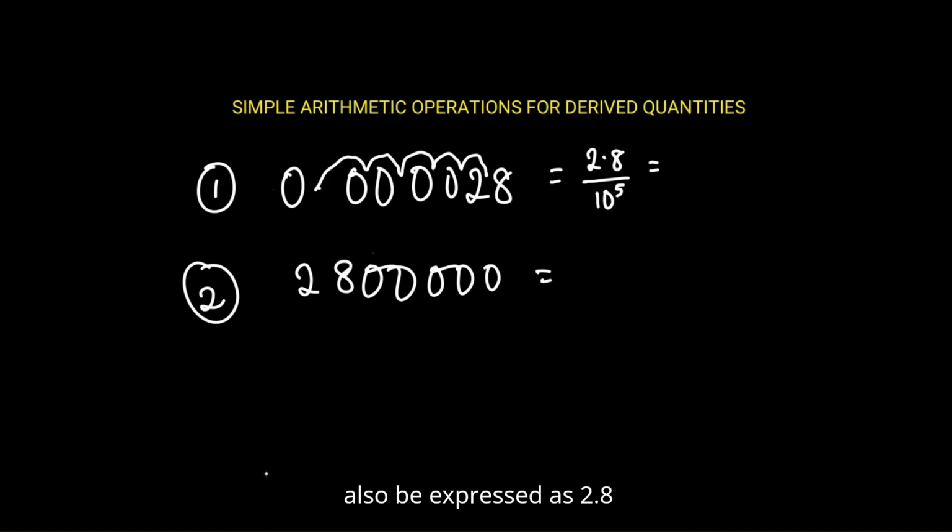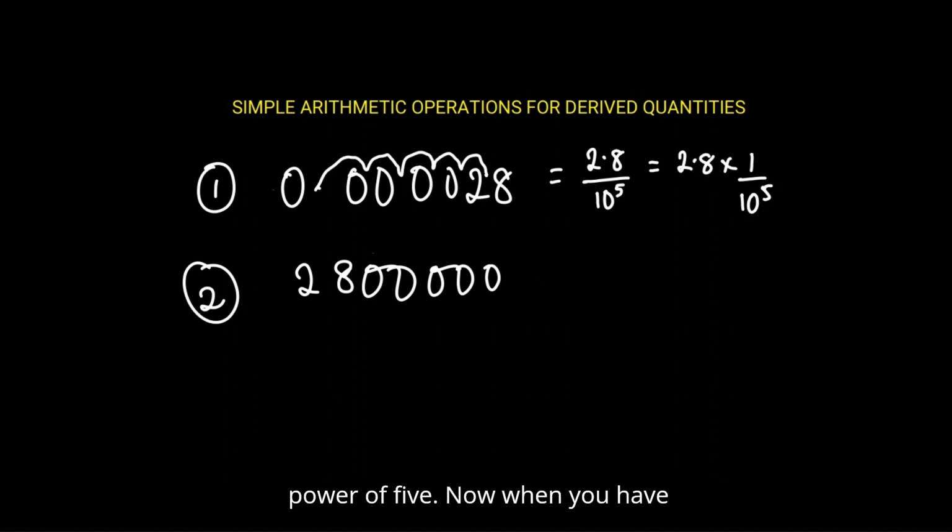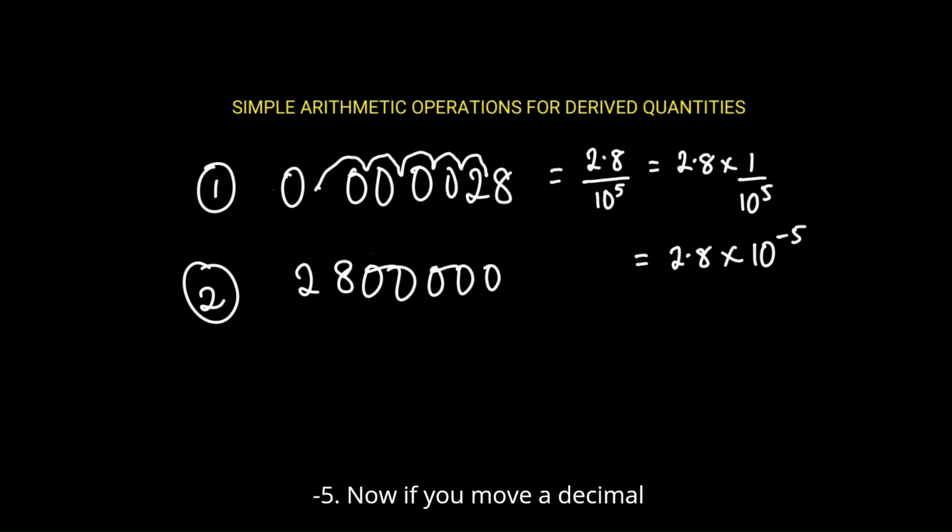This can also be expressed as 2.8 times 1 all over 10 to the power of 5. Yes, 2.8 times 1 will give you 2.8 over 10 to the power of 5. Now, when you have something like this, remember our law of indices, you can express 1 over 10 to the power of 5 as times 10 to the power of negative 5.